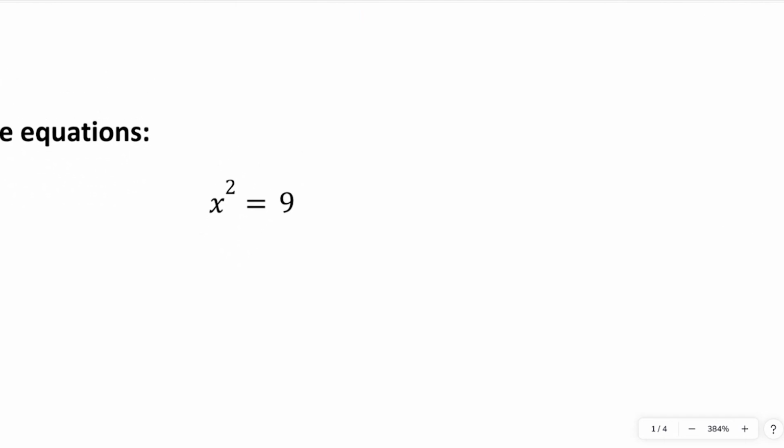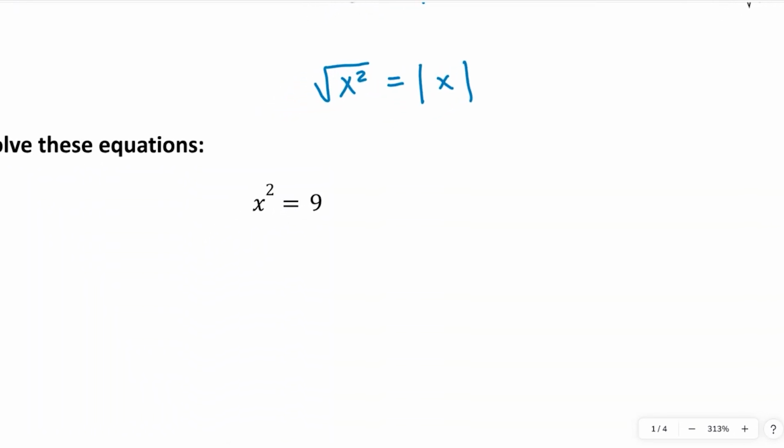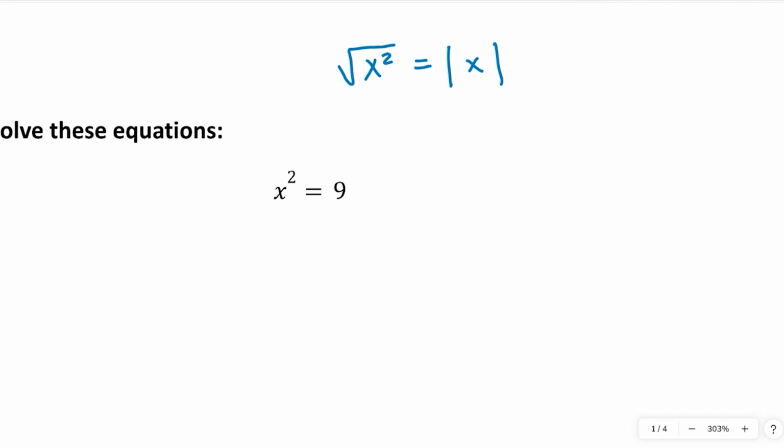Okay, so just to be clear here, the square root of x squared is actually going to equal the absolute value of x. And the reason why it's not just x is because whether you plug in a positive or negative number into x, when you square it, it changes it to be positive anyway. And that's what allows us to do this whole square root thing. So for this equation, we're going to take the square root of both sides. So we'll have the square root of x squared equals the square root of 9.